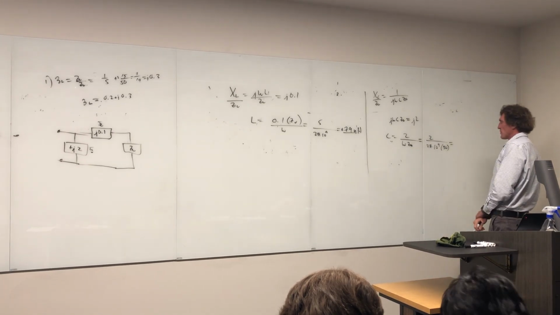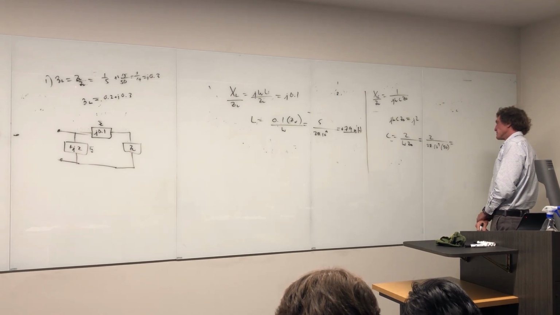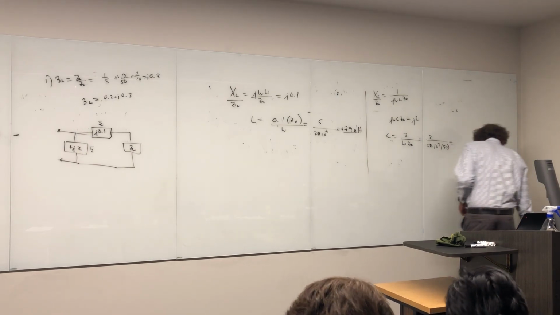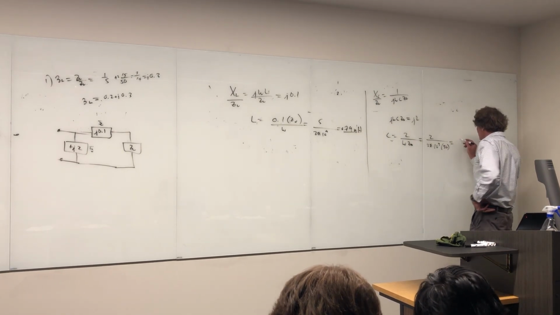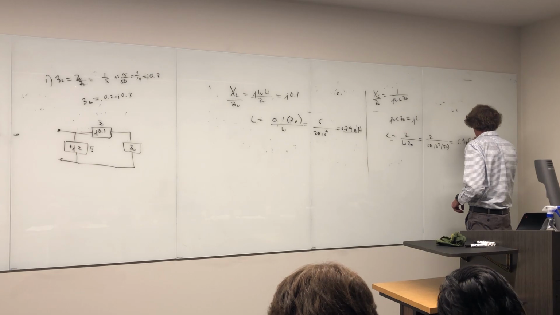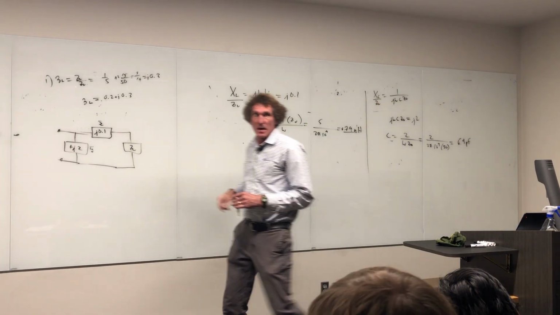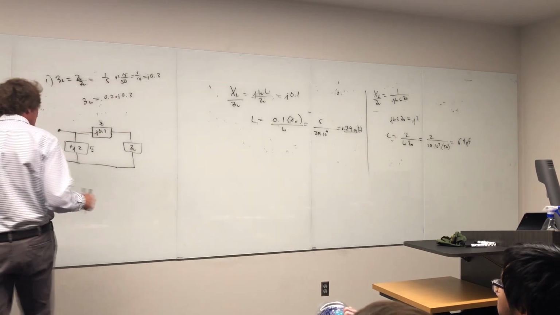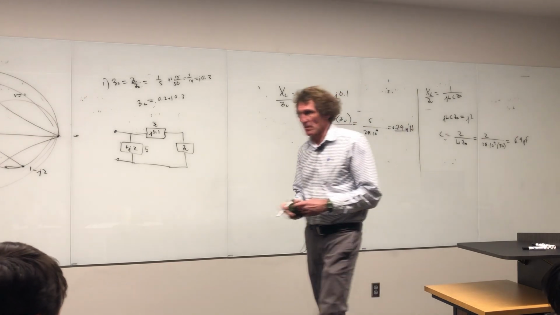Really, it's 1 over pi times 10 to the 9th times 50, whatever that is. What was that? 6.4 picofarads? All right. That's that one. I want to make sure we can do it. That's one option, right? Let's do option 2 as well.